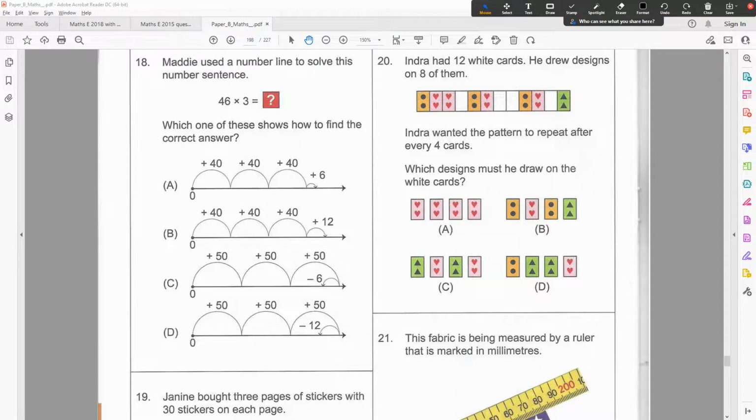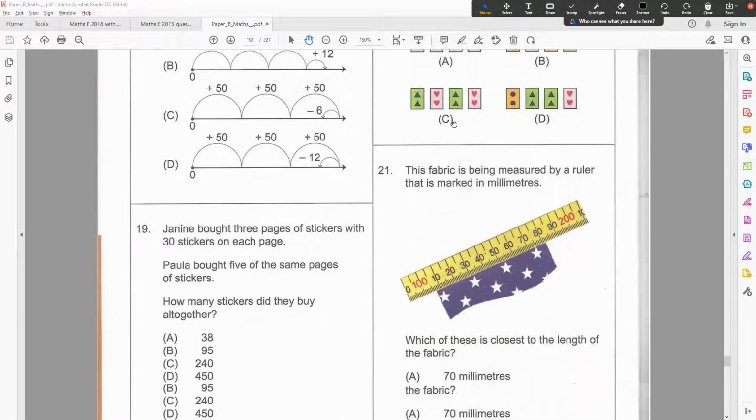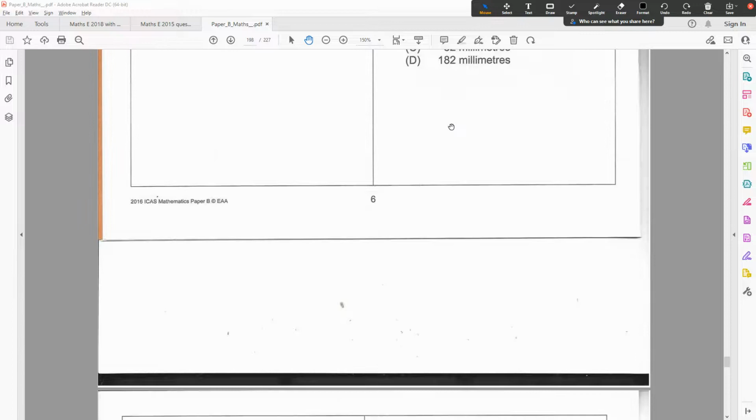All right, let's go through these ones now. Let's have a look at the answers for 18 and 20 as well. Let's go to those answers there.